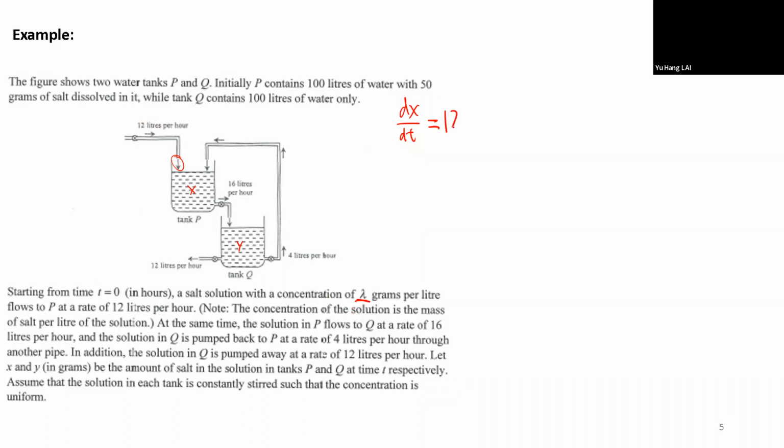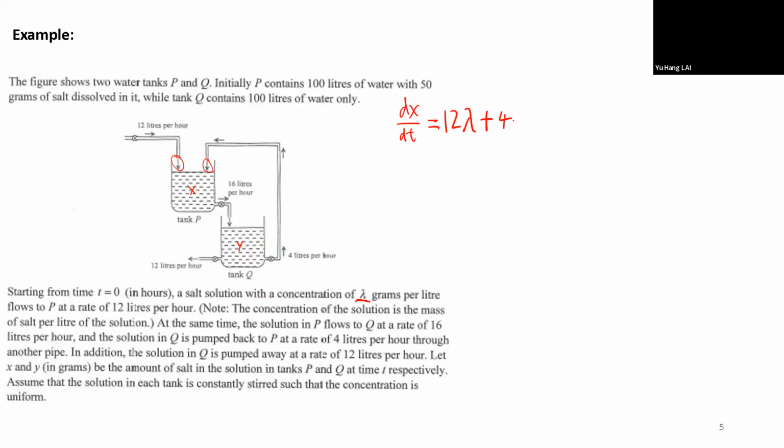So this is 12 lambda, due to this input from outside the system. The other input that makes X increase is the salt water from tank Q, and this is given by this 4, the volume per unit time, times the concentration.